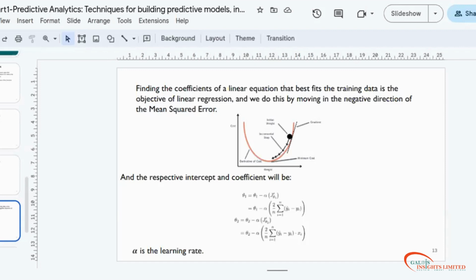Our objective here is to simply find a value of the model parameters that accurately minimizes the cost function. And the gradient descent is very interesting in the sense that the process of minimizing the cost function moves in a negative direction of the cost function or the loss function.